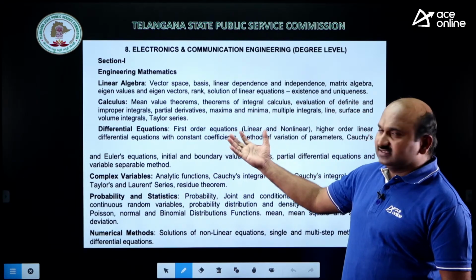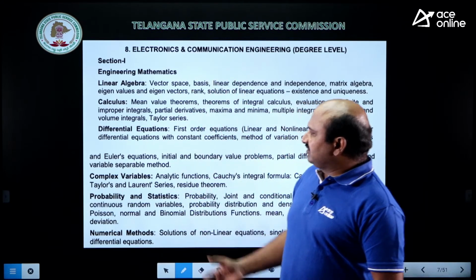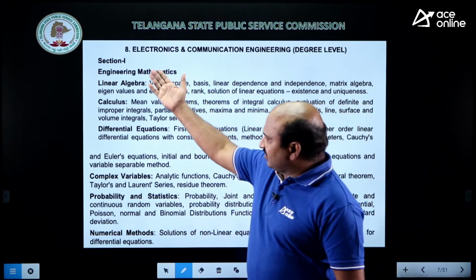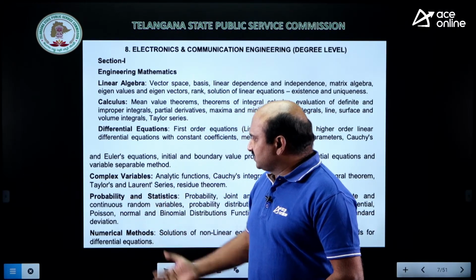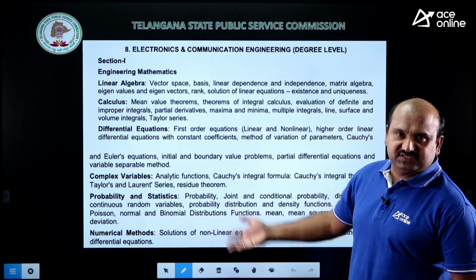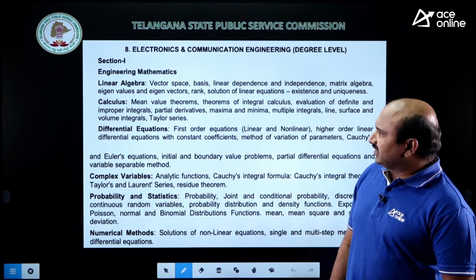Section 1 is also non-technical, which includes engineering mathematics at degree level. Under engineering mathematics: linear algebra, the major topic, complex variables, probability and statistics, numerical methods. These are the main topics we are having under the mathematics syllabus.